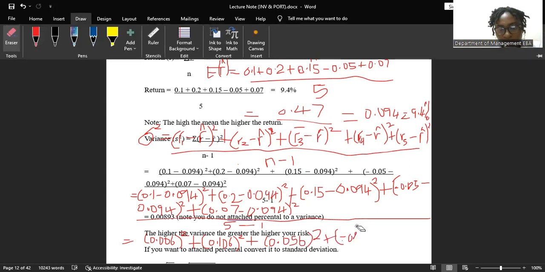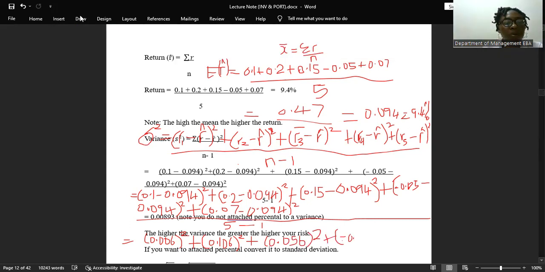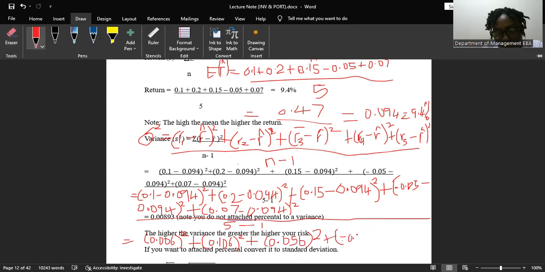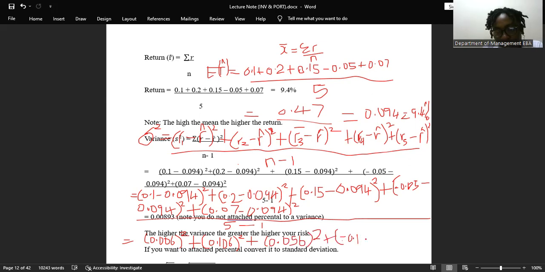Negative 0.144 plus 0.07 minus 0.094. 0.024.